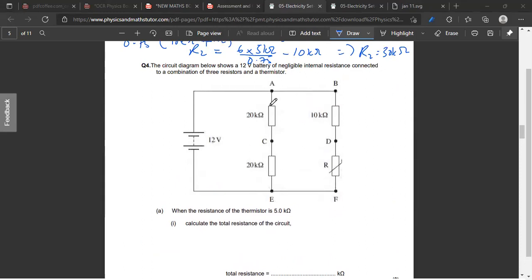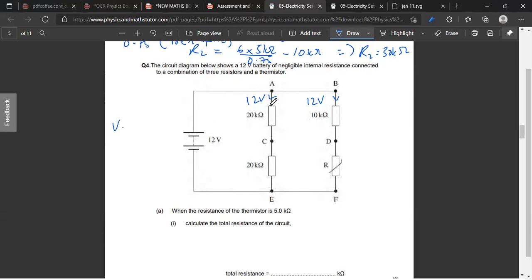You know that this is a 12-volt battery and these two connections are in parallel. So 12 volt is entering here and 12 volt is entering here. The voltage drop, we'll just use the formula for the potential divider.